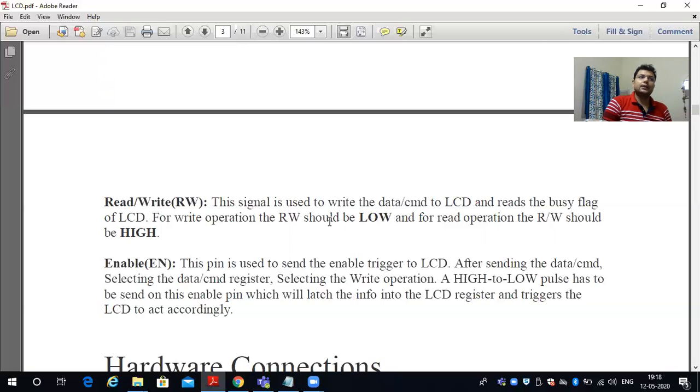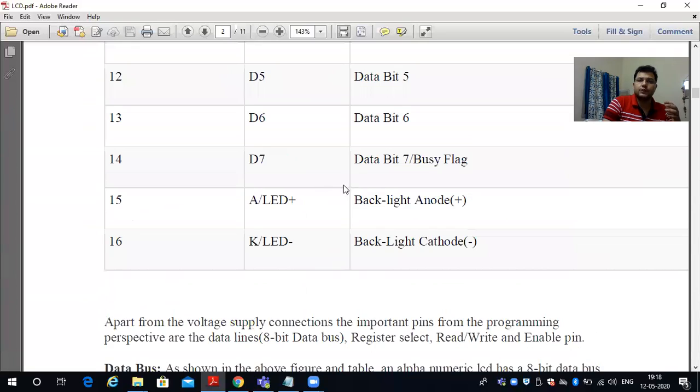And when the read write signal is 1, what our display unit would provide as an output is D7. So whatever is over the data line D7, that is also called the busy flag. If anything is over the display unit and it is being displayed, at that time we are asking for reading, and we want to see whether something is there over the display unit. Then at that time, whatever is over D7 will also act as the busy flag.